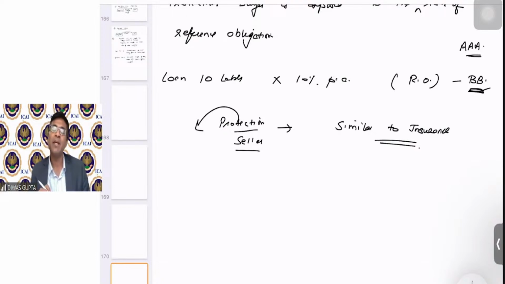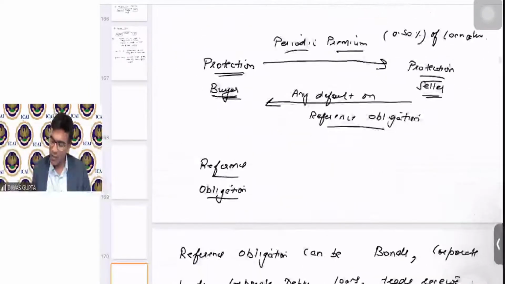Then they are receiving the premium, but while they have to pay the protection buyer, they will not be able to pay. So hence they also need to be credit rated. In our study material, these are called initial borrowers.